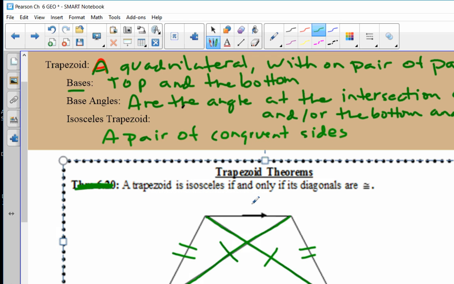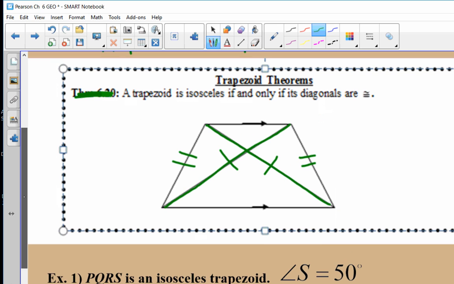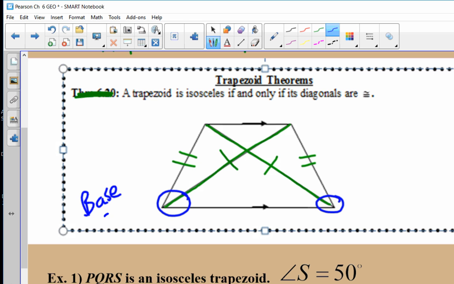Okay, so here we'll use this picture to help us a little bit. If I have an isosceles trapezoid and I've got the parallel sides, these are going to be base angles, and then these are going to be base angles also.